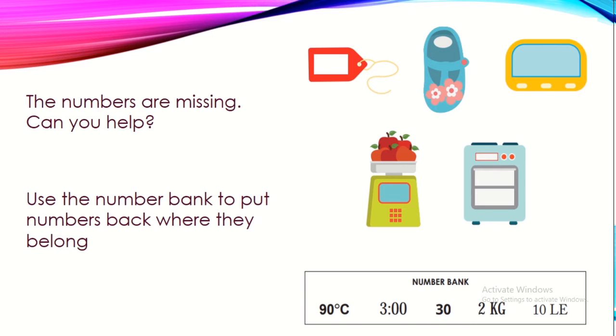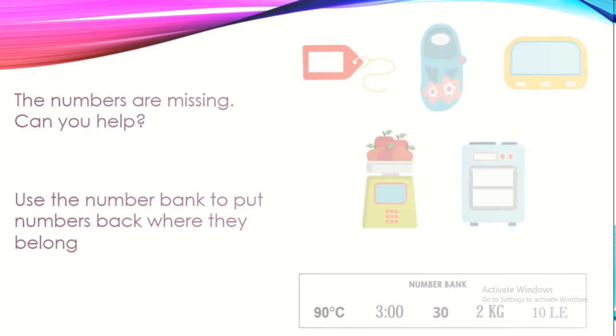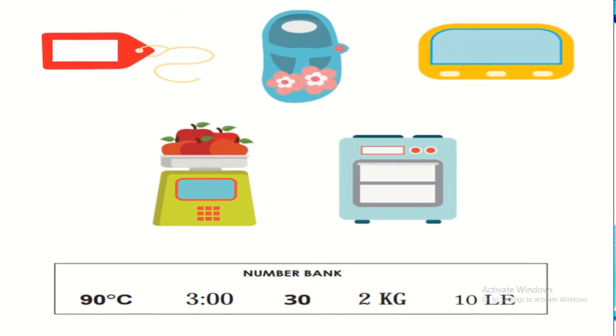Now, look at the first picture. The first picture shows a price tag. From this price tag, we can know the price of a jacket or jeans, and the price is represented by LE. The second picture shows a shoe. There is a number on a shoe. From this number, we can know the size of this shoe. The third picture shows a clock.